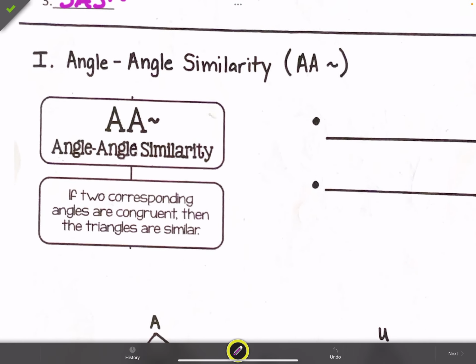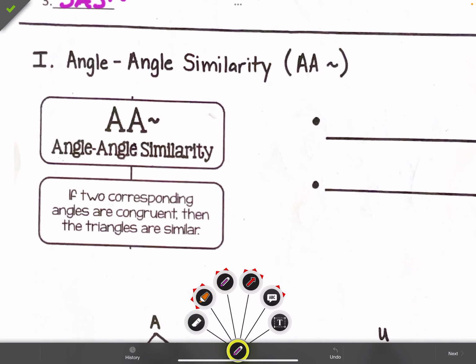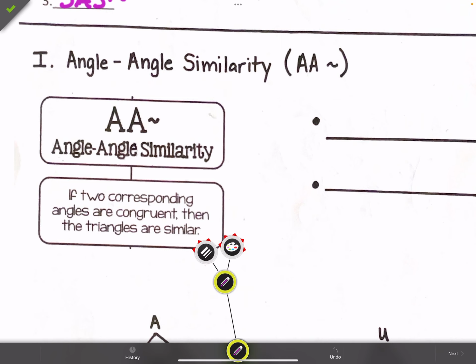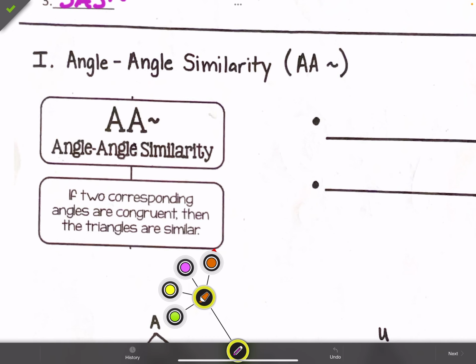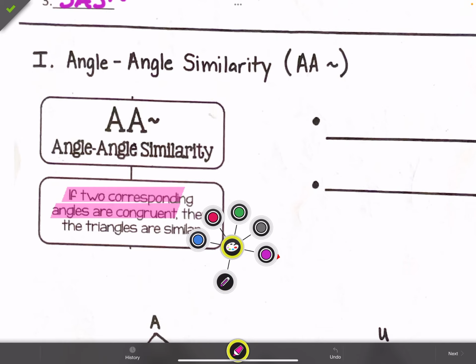If you read here in the box, it says if 2 corresponding angles are congruent, then the triangles are similar. So the key here is you have 2 pairs of corresponding angles and they are congruent, which is a little weird because we're talking about similar triangles.